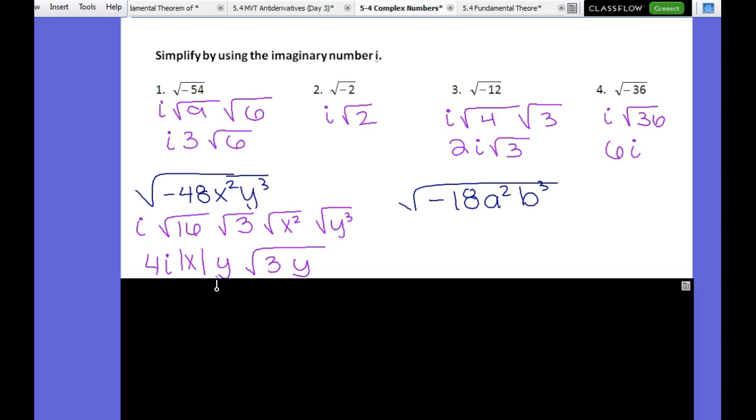So in the next one, I was going to put the i after the variables to kind of prove the point that it doesn't matter where you put the i, as long as the i is not under the square root. So what can we break 18 into? Yeah, so again, you could pick 6 and 3, but they don't get you anywhere. That's okay. I just like bringing up that if you did it, you just have to do it more.